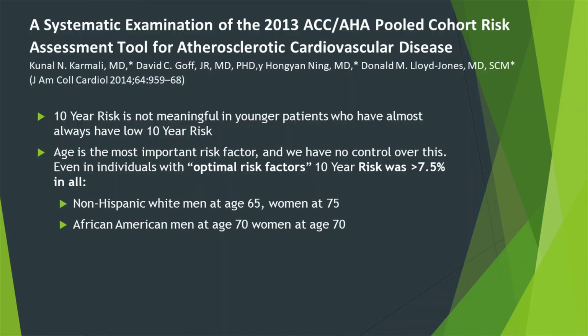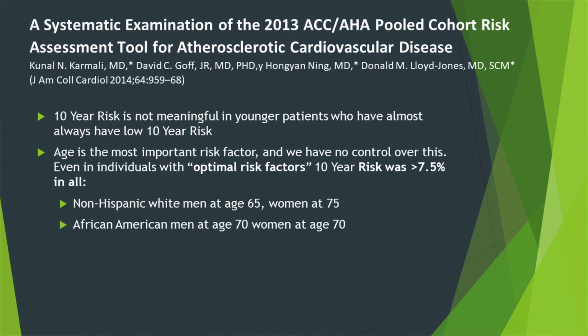And they found that age is the single most important risk factor for this model. And you have no control over that, right? You can't treat somebody's age. So they also found, even in individuals with optimal risk factors, meaning the best risk factors that you can put into the model, the 10-year risk was greater than 7.5% in all non-Hispanic women by the time they reached 65.